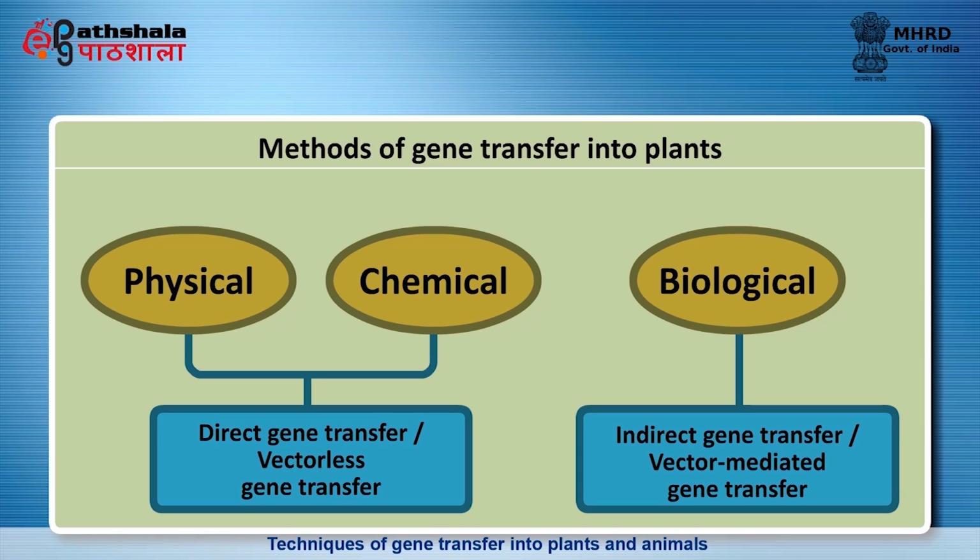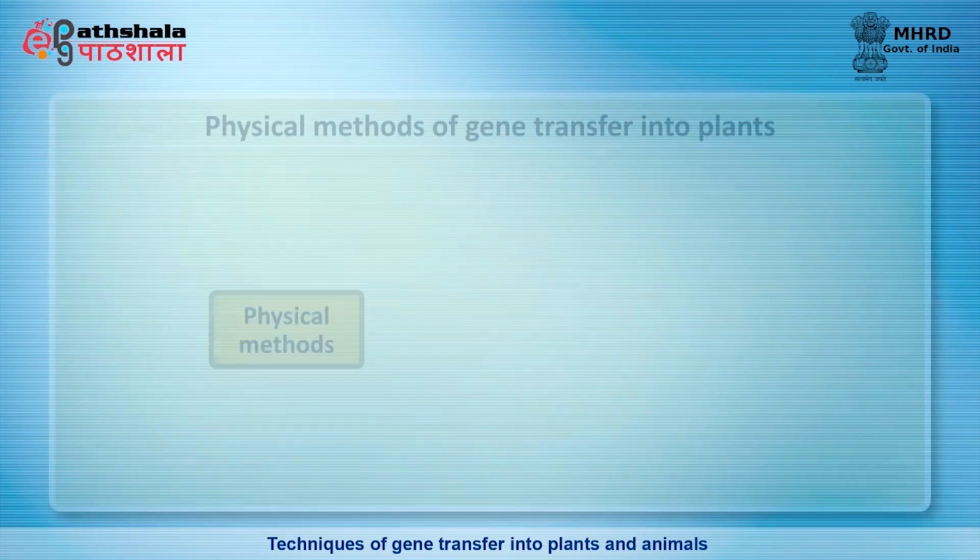In these methods, the gene of interest is carried over to the target cell by a molecular vehicle called a vector. Thus, we have the physical, chemical and biological methods of gene transfer into plants. Let us consider them one after the other, starting with the physical methods.